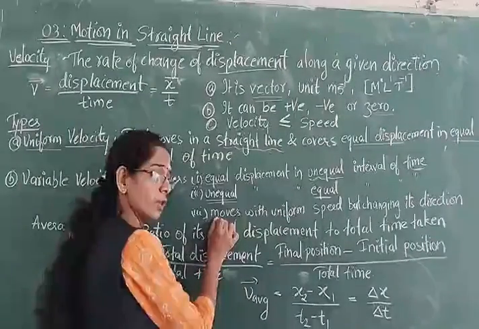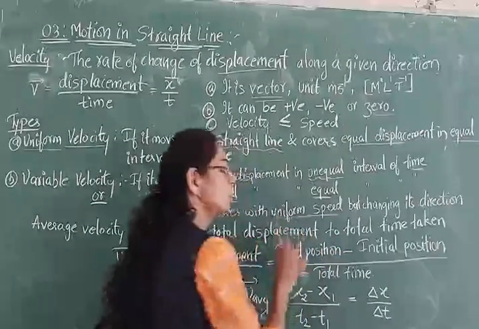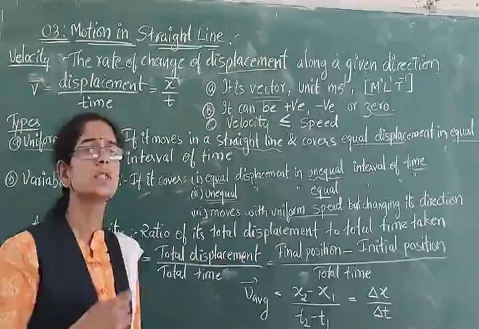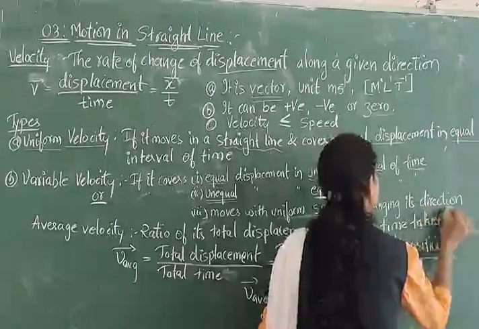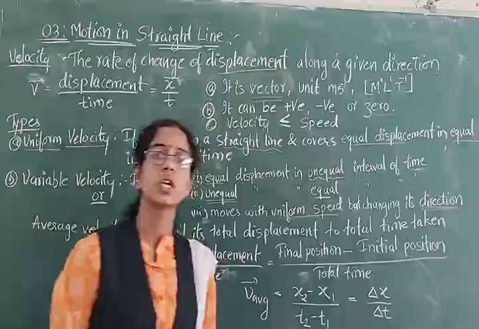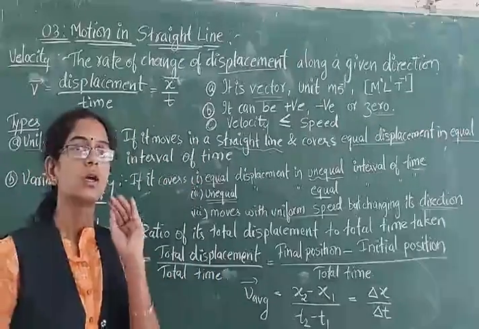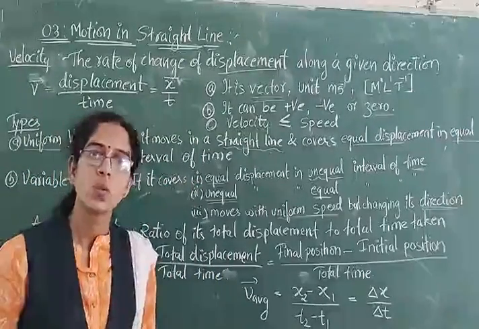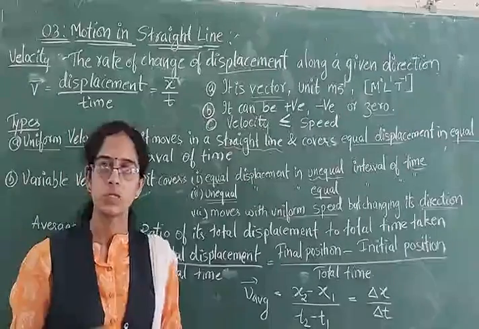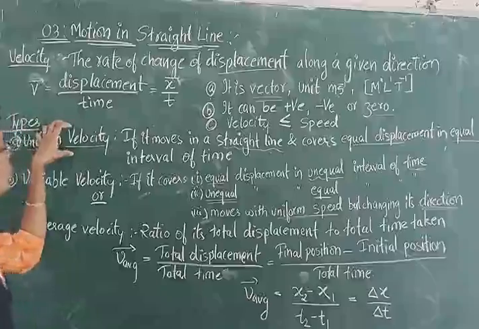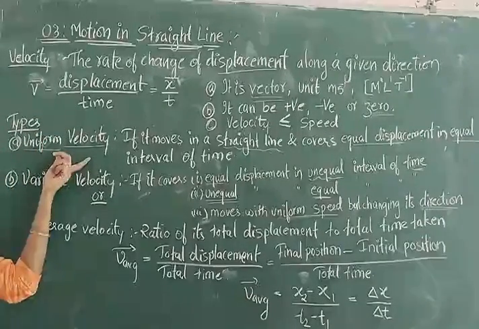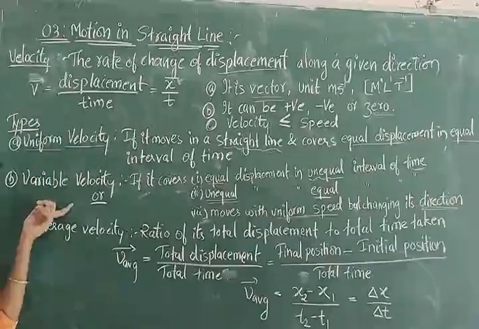If it is moving with equal displacement in equal time, but the direction of the object is changing, then that physical quantity is called variable velocity.